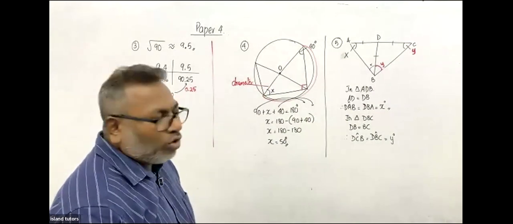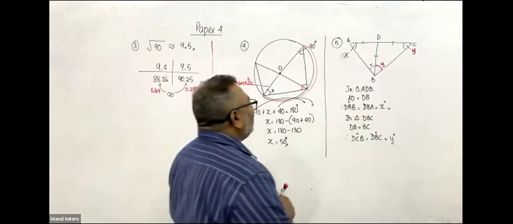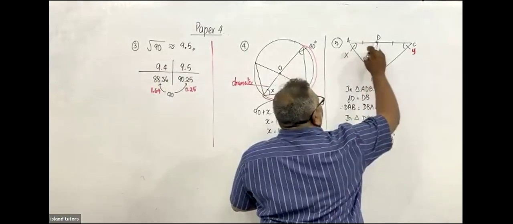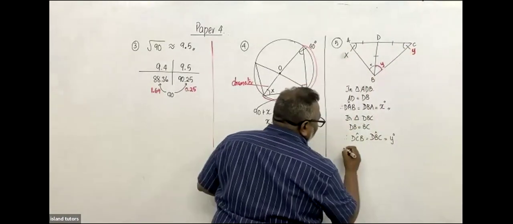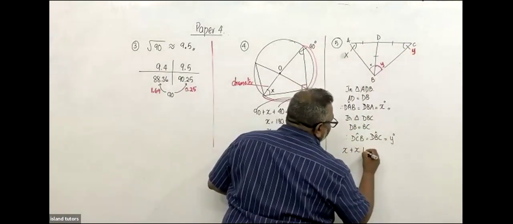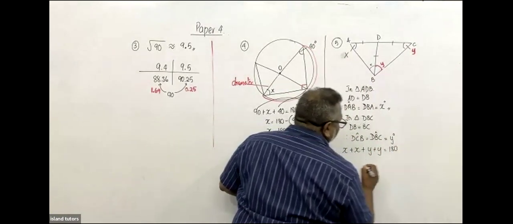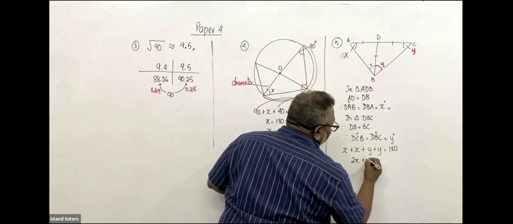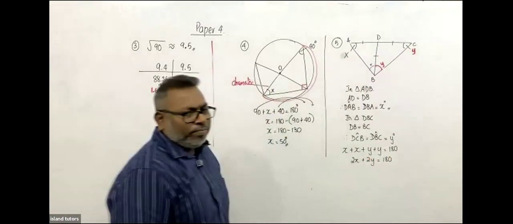Okay. Now you know interior angles of a triangle add up to 180. So what are the interior angles? x plus x plus y plus y is equal to 180. So 2x plus 2y equals 180.